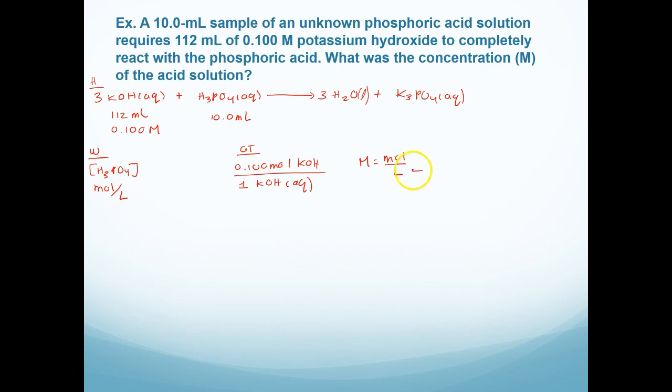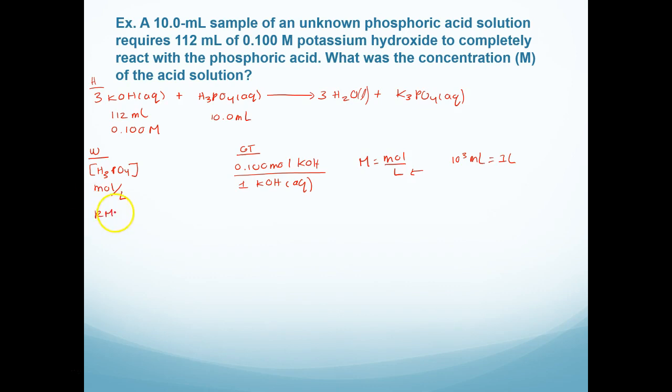We already have the bottom, so what we really need to figure out is the top. And we currently have milliliters here and here, so we're also going to need that we have 1,000 milliliters in every 1 liter.